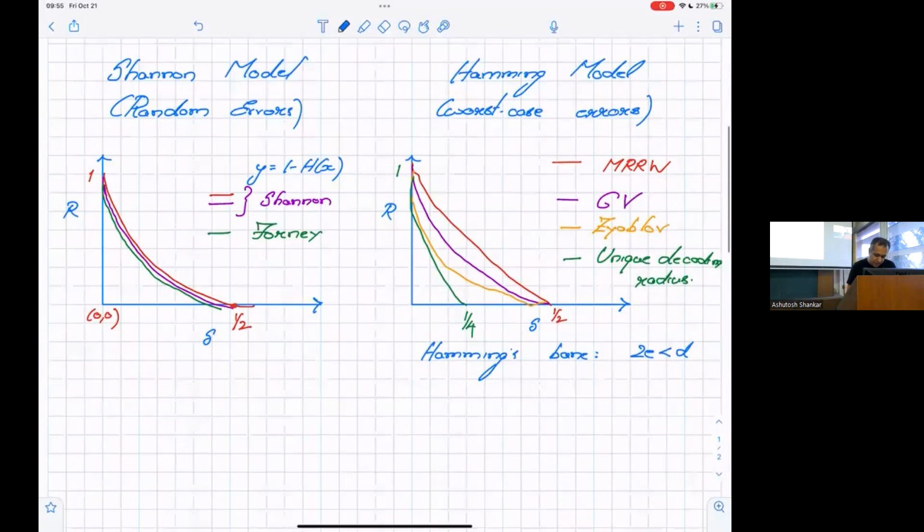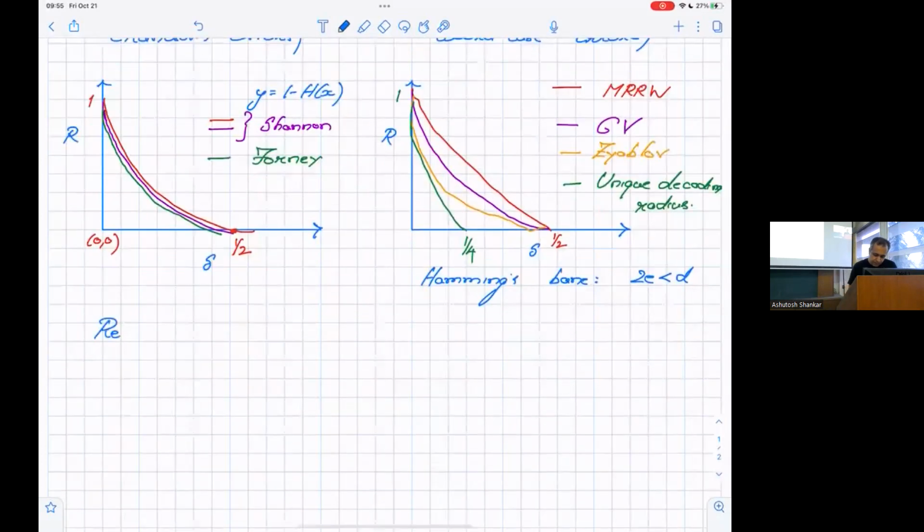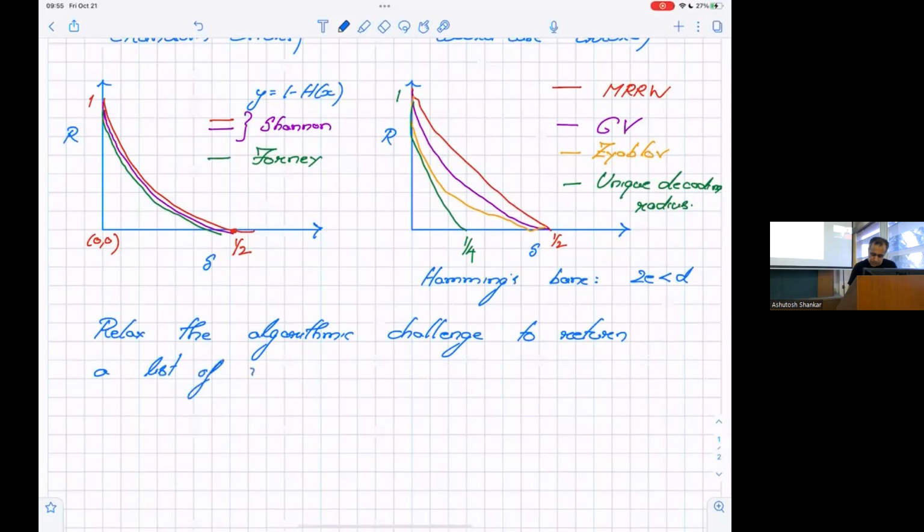So we relax the algorithmic challenge to return a list of at most L code words instead of just one.